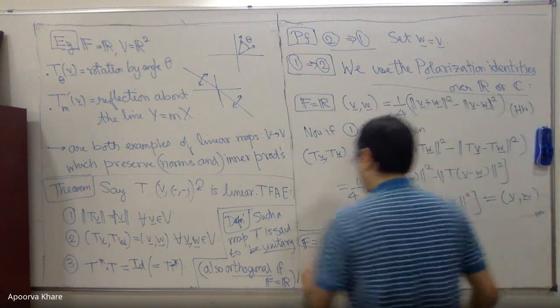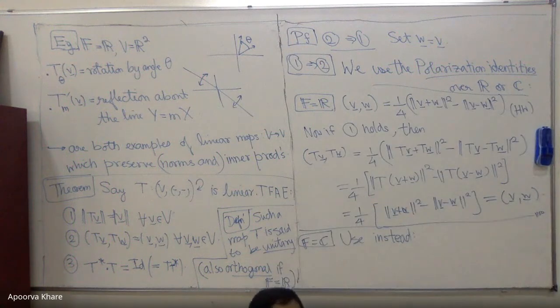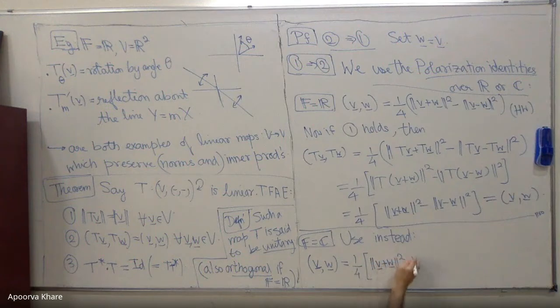Okay. So the inner product of V and W again is 1/4, but this time it is slightly different. So this time you say it's the norm of V plus W squared. So there are the same two terms as above, minus the norm of V minus W squared. And then there are two extra terms with imaginary roots: minus i times the norm of V plus iW squared.